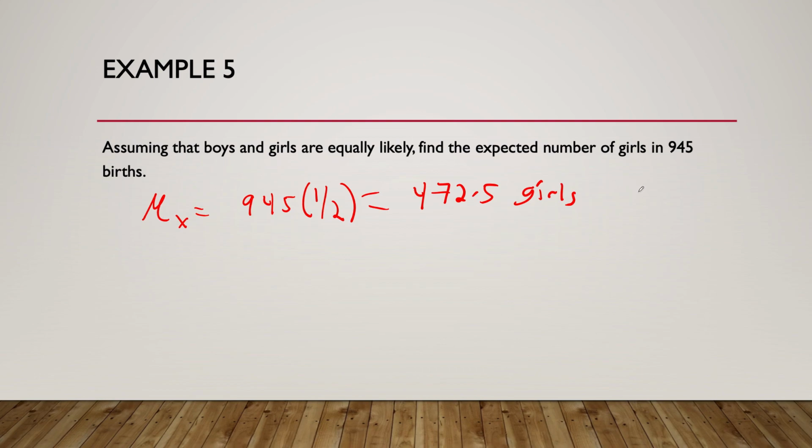This would be the expected number out of 945 births. Again, this is just saying that if we study a large enough number of 945 births, we would expect 472.5 girls as the expected number based upon this.